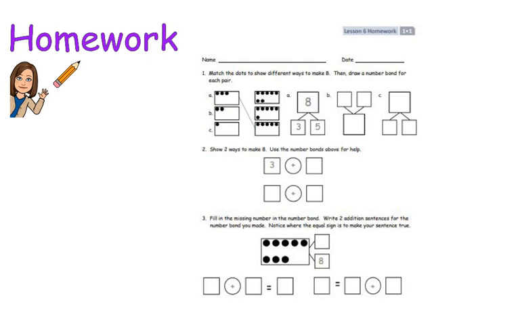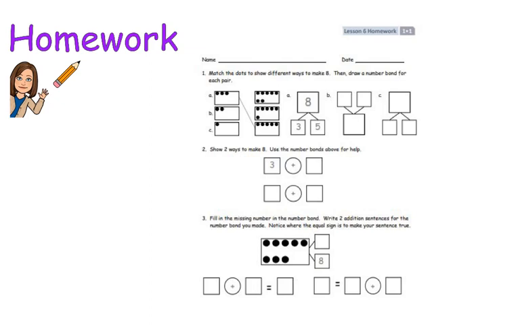Number 2 says, show 2 ways to make 8. Use the number bonds above for help. So you're going to make 2 different ways to make 8. And like it said, you can use the number bonds that you just created to help you fill in these expressions. Okay?